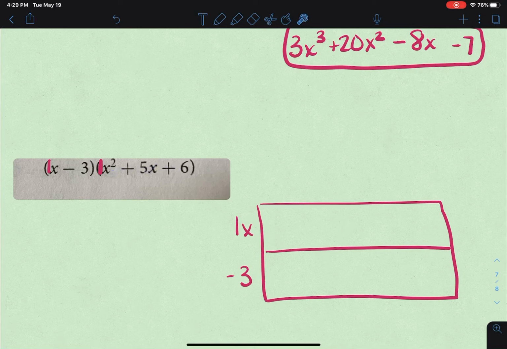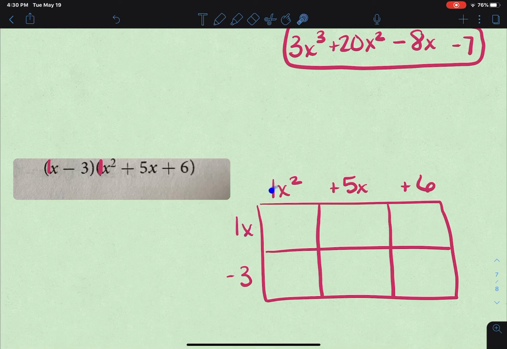And then this one is going to go across the top: 1x squared plus 5x plus 6. Okay, now I'm going to start to multiply.